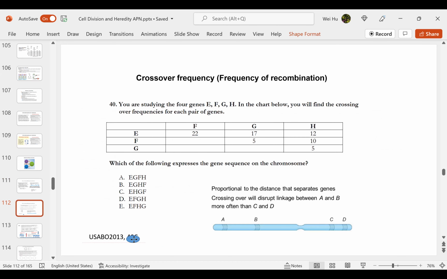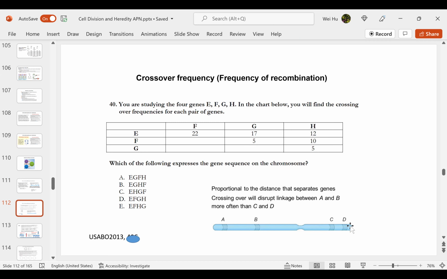So let's do this question, okay? We already talked about the concept. If you are more distant, you have high crossover. If two genes are very close, then you actually have a low crossover rate, okay?